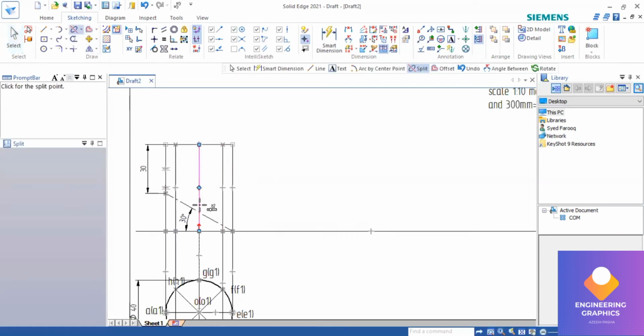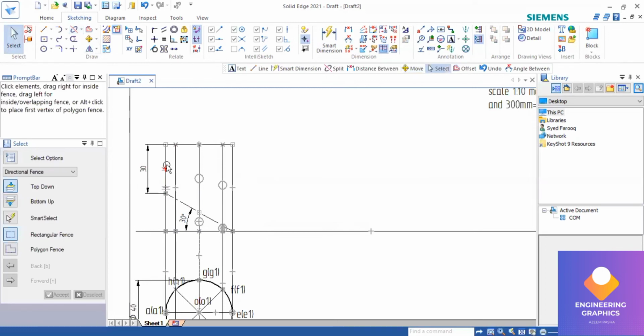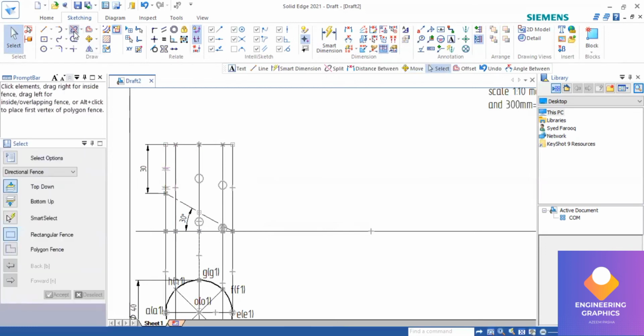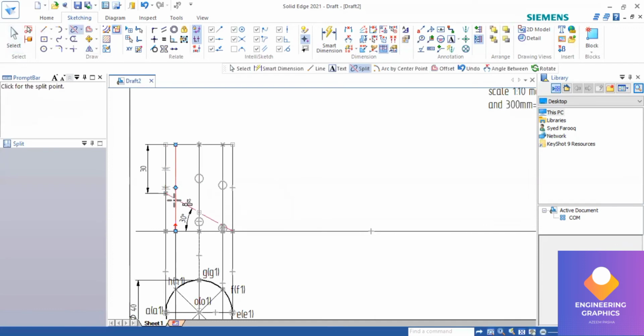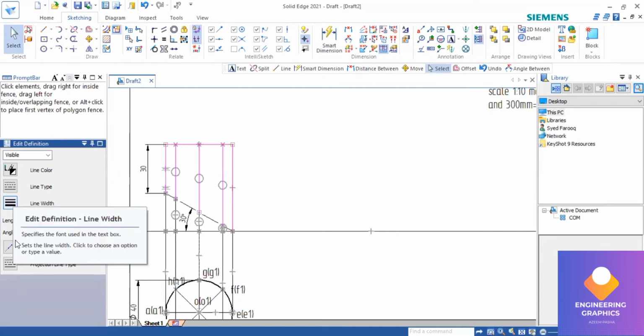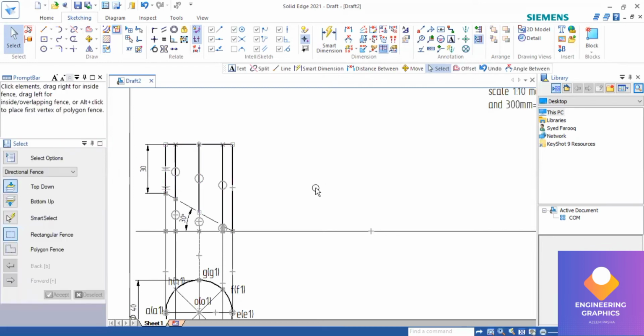So using the split command, I am going to split it to the exact length here, okay. We'll be making that thick here, okay.